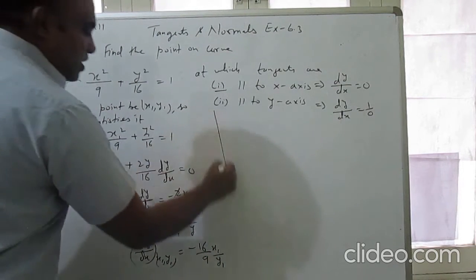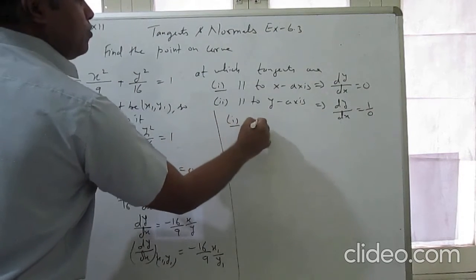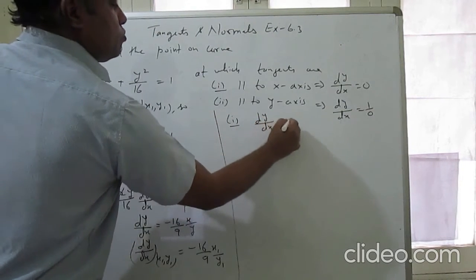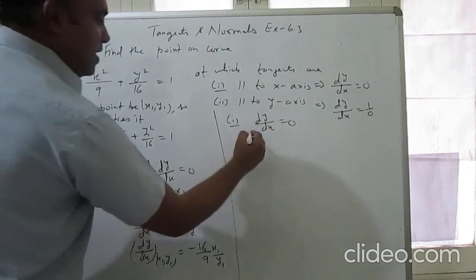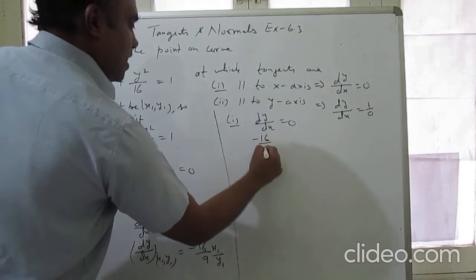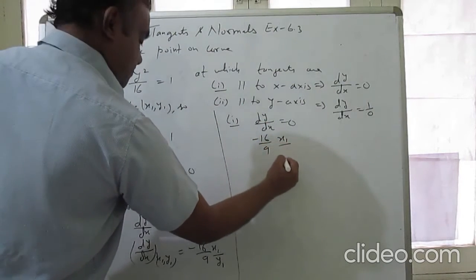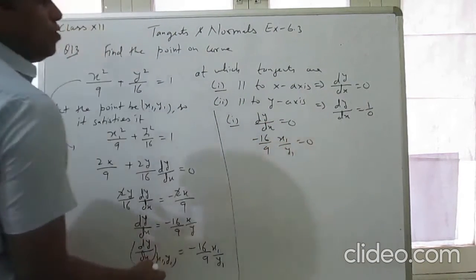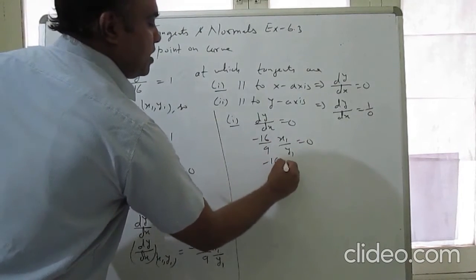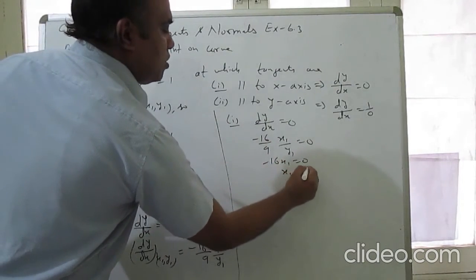Now take the first condition. What is the first condition given? dy by dx is equal to 0. So minus 16 upon 9 x1 by y1 is equal to 0. It means minus 16 x1 is equal to 0. So x1 is equal to 0.